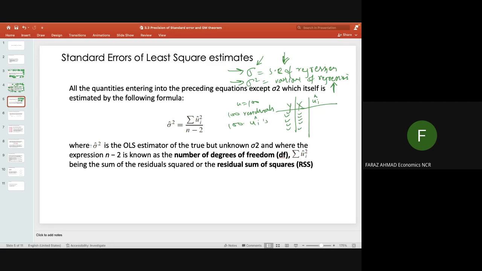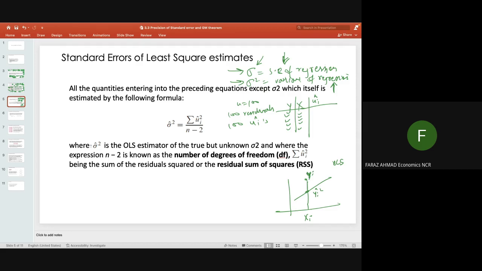Now, what do these ui hats stand for? They stand for errors. Let me revise it for you. If you have a y value and then you fit a regression line using OLS, then for the same x value you would have a yi hat value, which is the point on the line.